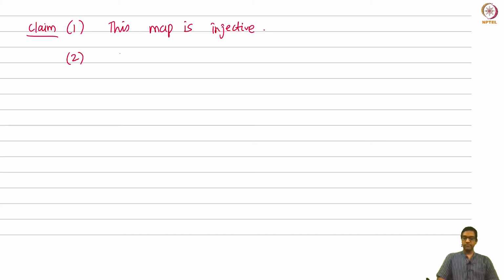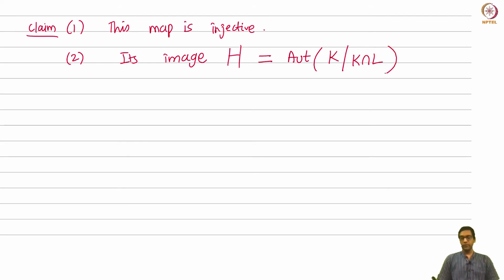For the second claim, let's call its image H. It's a certain subgroup of the automorphism group. Its image H is exactly the set of automorphisms of K which are identity on K intersection L. If we prove these two claims, then the theorem is proved. H, by the way, is just a name that I'm giving to the image. It's not a new subgroup.